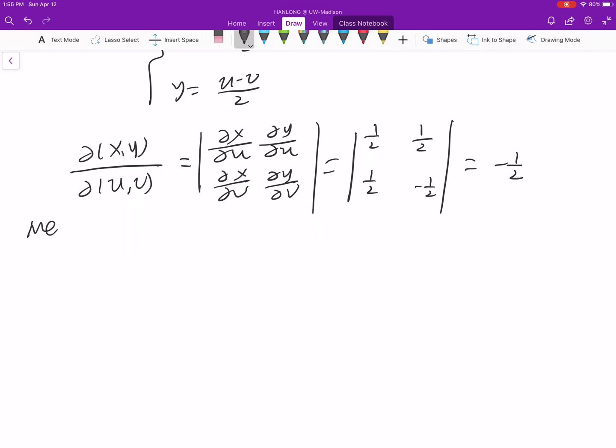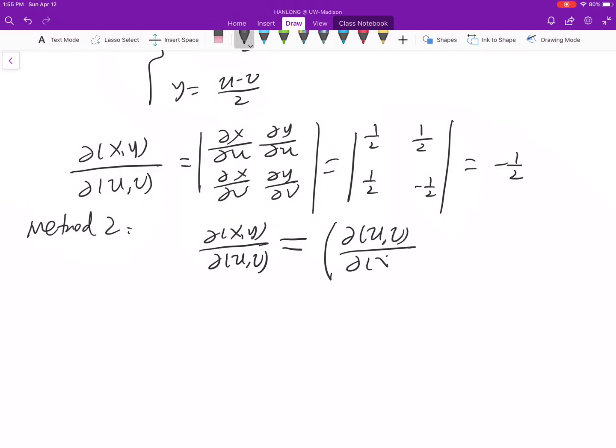And then here method 2. I just claim this, I will not prove it. You can prove this by yourself. Inverse. So here, what does this mean?